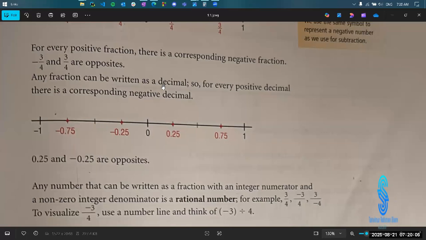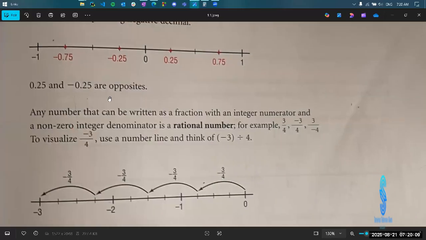Here they have said 0.25 and minus 0.25 are opposites.